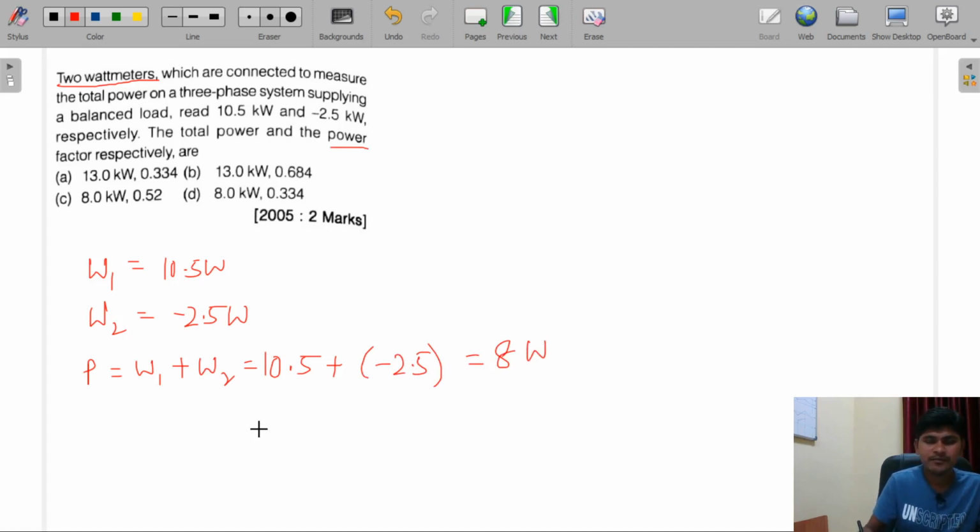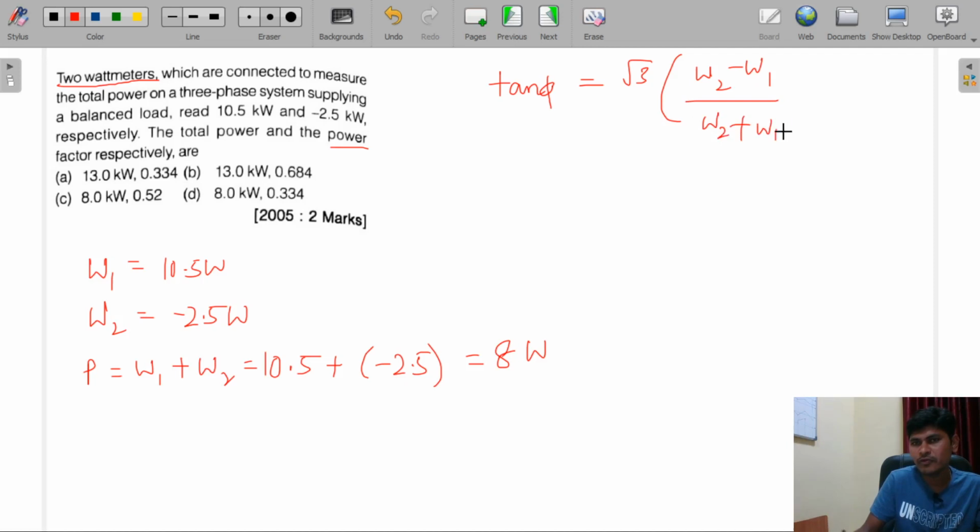What is the power factor? For power factor, we have the formula tan phi is equal to root 3 into (W2 minus W1) by (W2 plus W1).